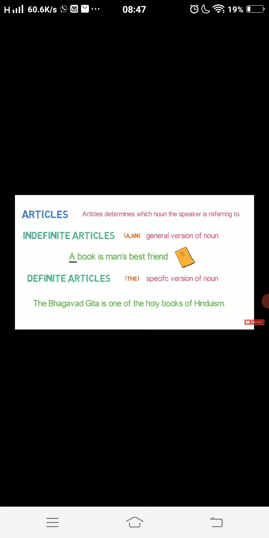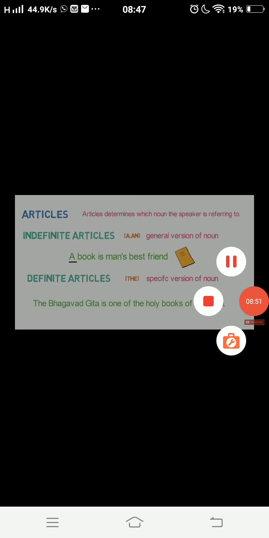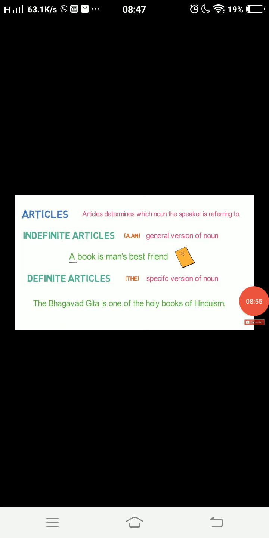Let's quickly recall a, an and the, because I don't want to spend so much time on this. We have done this topic so many times. A is used before a consonant like a boy, a woman, a cow. A also comes in front of those vowels that sound like a consonant, like a useful thing, a unit, a university, a European, a uniform, a utensil, a union.